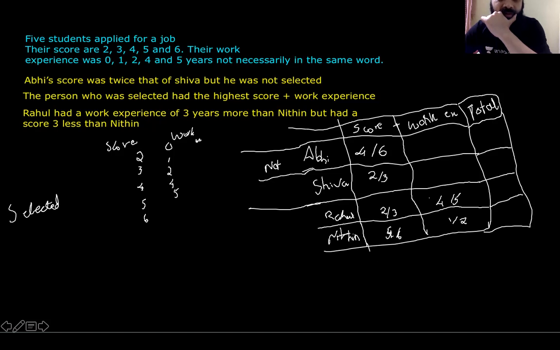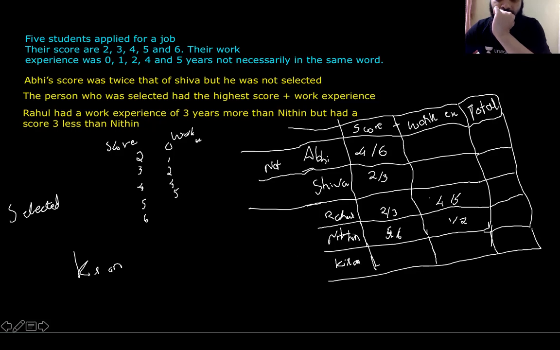We'll have one more person because there are 5 students. There is one person who has a score. Let me call him Kiran. Kiran had a score twice that of Rahul. So Kiran will have a score of twice that of Rahul and work experience half of Rahul.